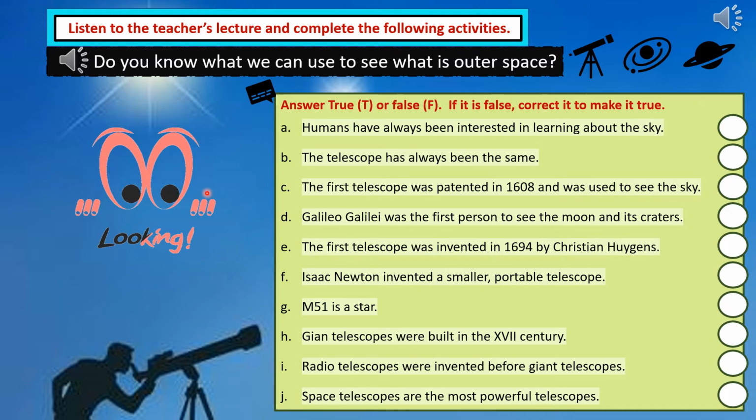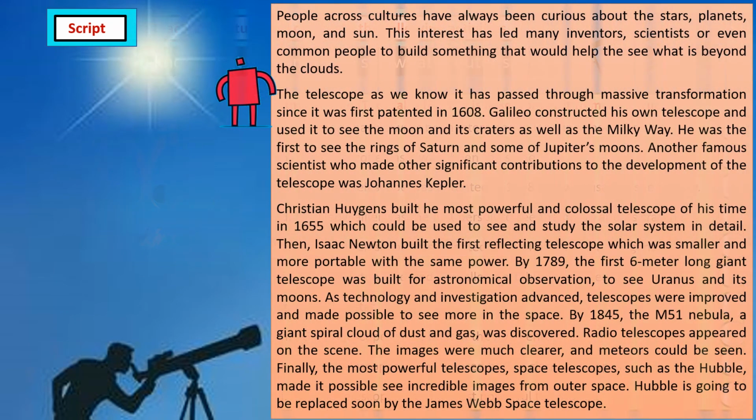If you don't understand any word that the woman said, you're going to repeat the audio as many times as you need in order to identify the information needed to resolve this exercise. For a better comprehension, over here you have the script of the previous exercise.